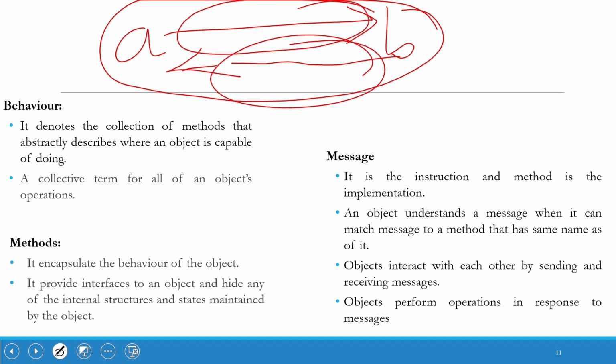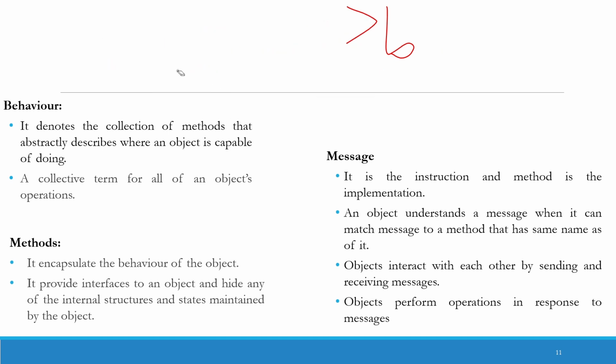So a message enables two objects to share information between each other. An object may send and receive a message. So a message is one of the basic concepts of objects. Objects will interact together by sending messages.